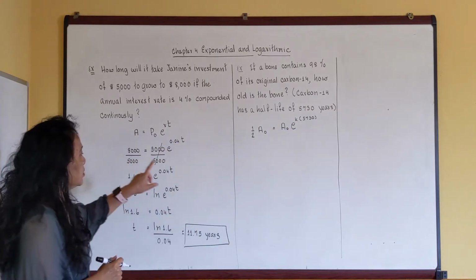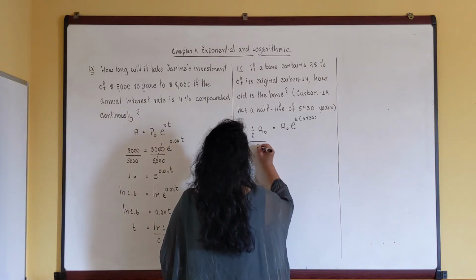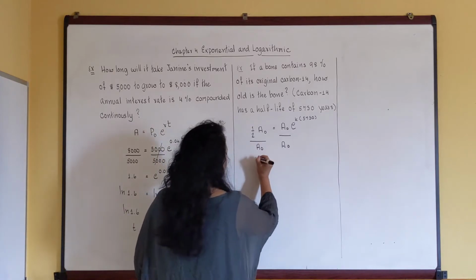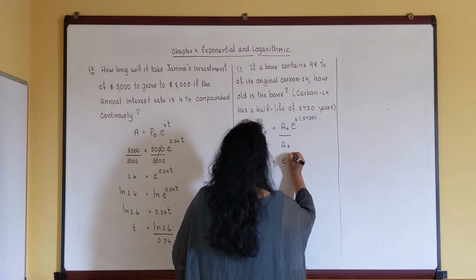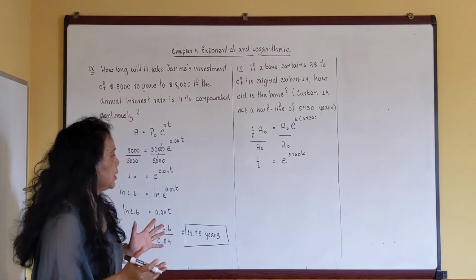Same idea, I'm going to get rid of A naught, so I'm going to divide both sides by A naught. So I'm going to have 1/2 equals e^(5,730k).